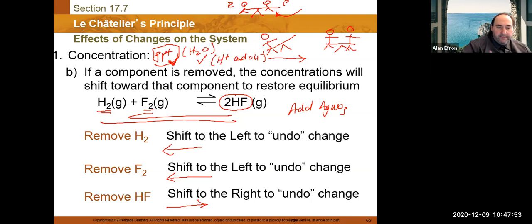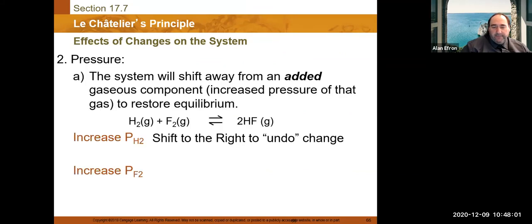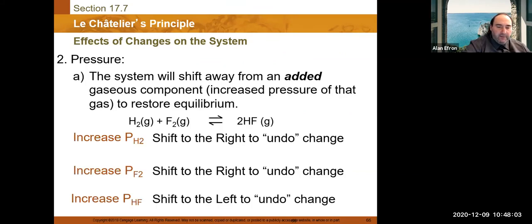So that is one major stress that you could cause to an equilibrium condition. Another one is pressure, and really pressure and volume are kind of tied together. A lot of times pressure obviously involves gases.